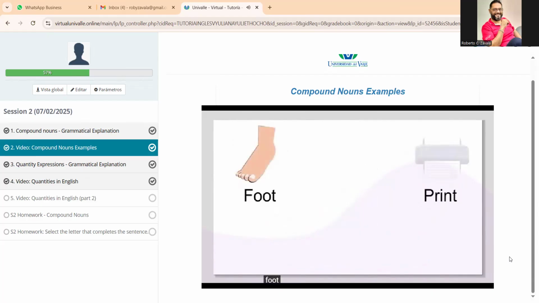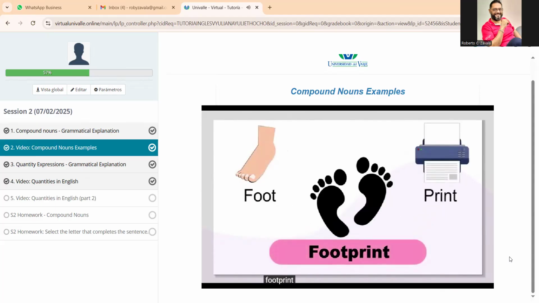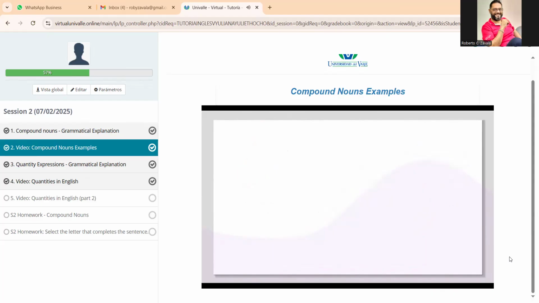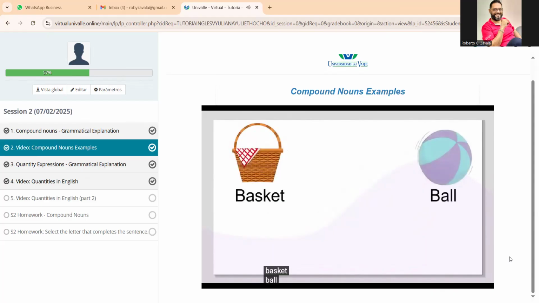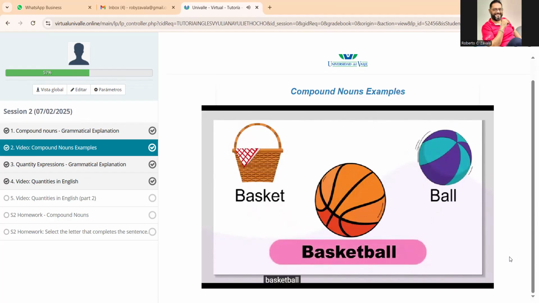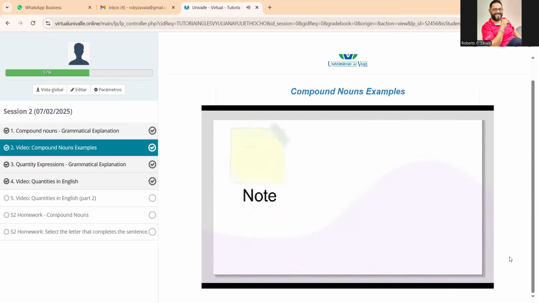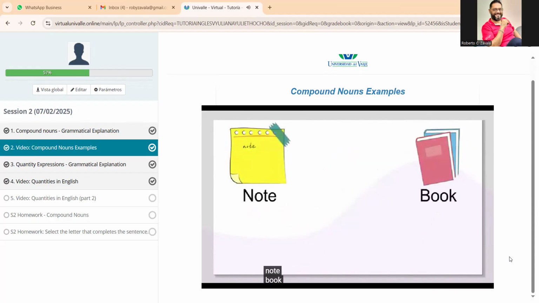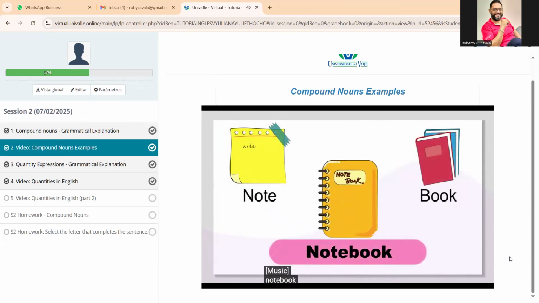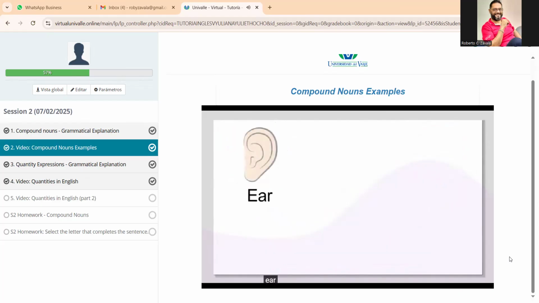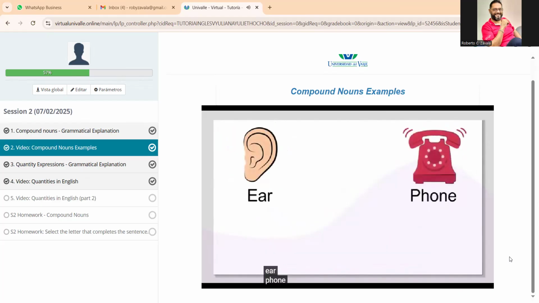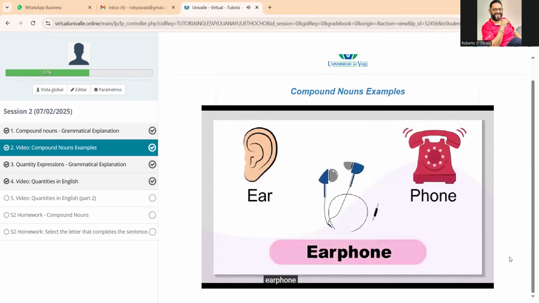Foot, print, footprint. Basket, ball, basketball. Note, book, notebook. Ear, bow, earphone.